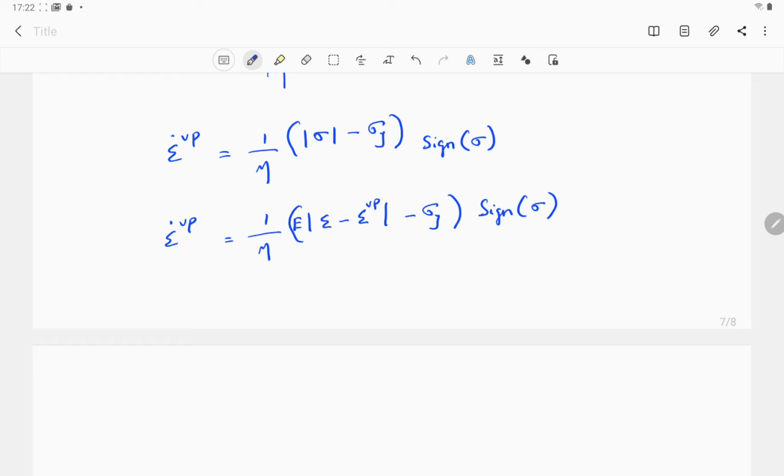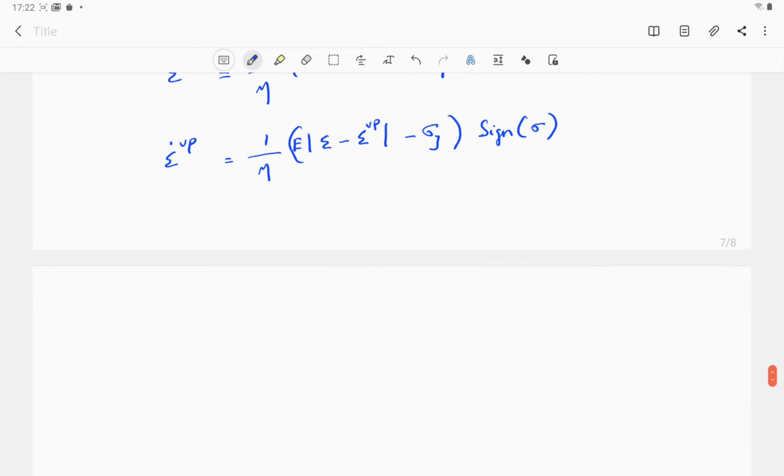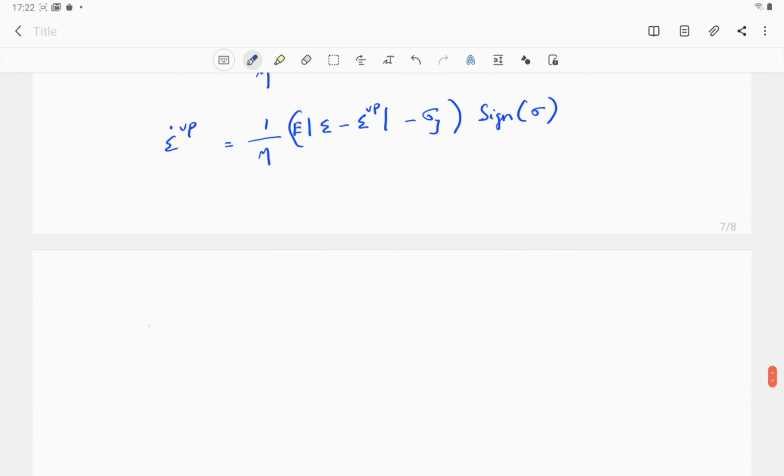Okay, so now what we are going to do is I am going to introduce a parameter lambda, which is the magnitude of epsilon dot Vp. Okay. So if I introduce like that, then I know the direction, which is sine sigma.